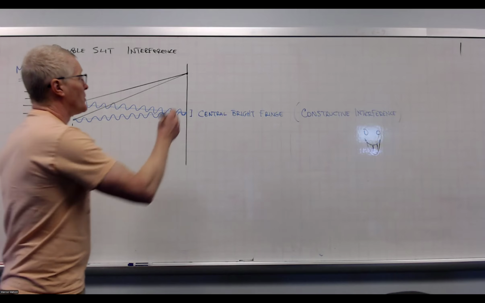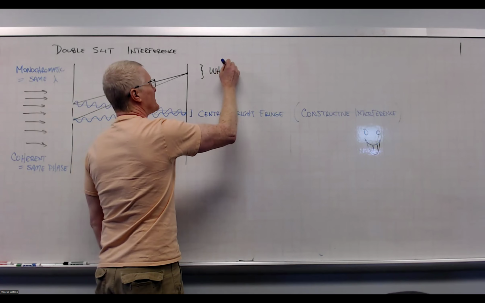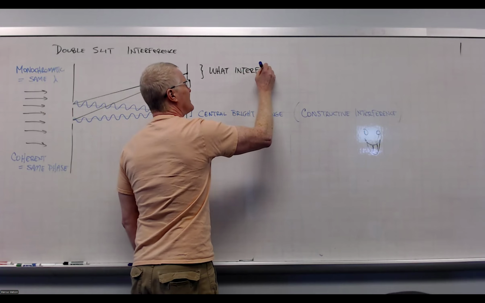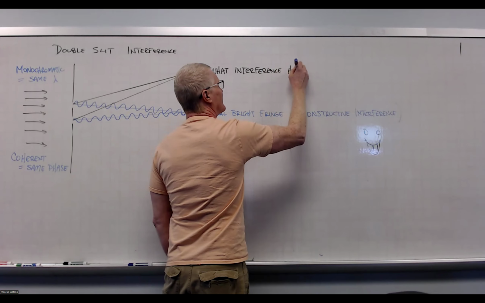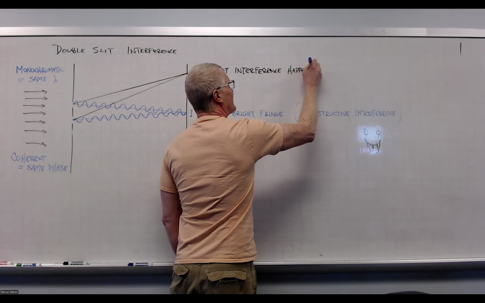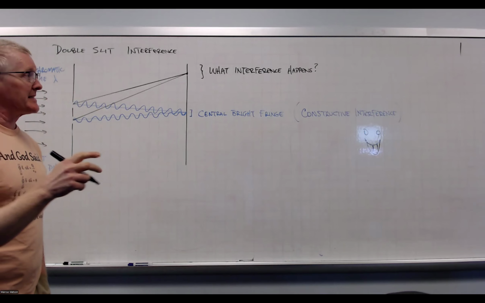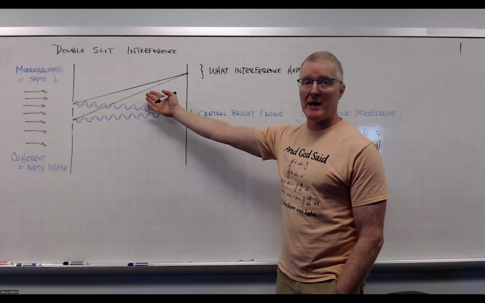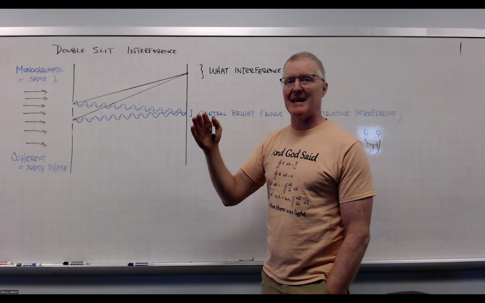So the question of what interference happens on the screen and what the pattern is: I have to answer those two questions that I left off with in the last class. Number one was, what's the difference in the path lengths of the two waves as they go up there? And then, how many wavelengths does that entail?